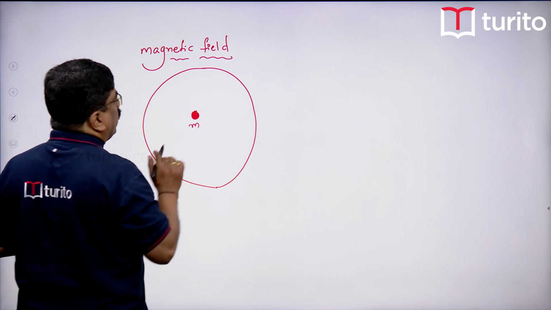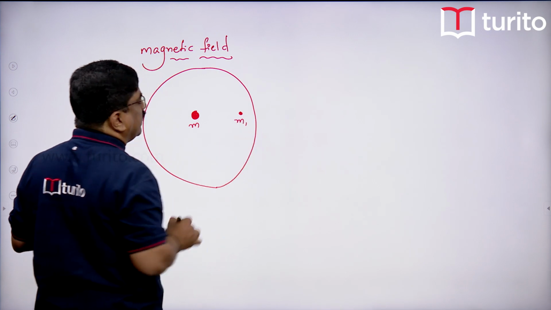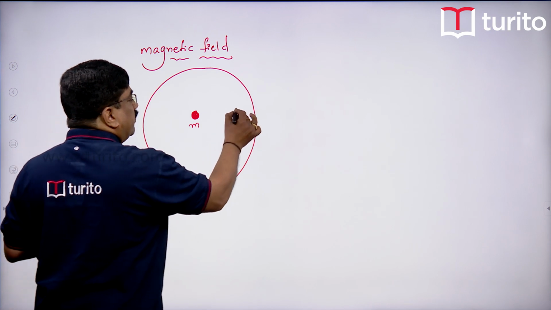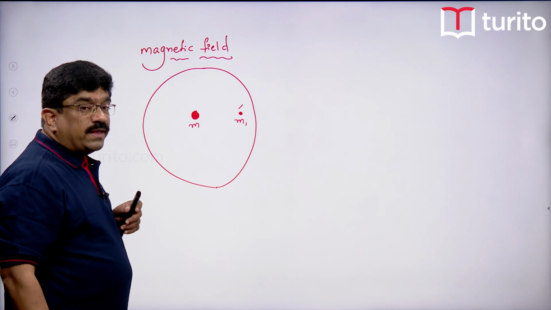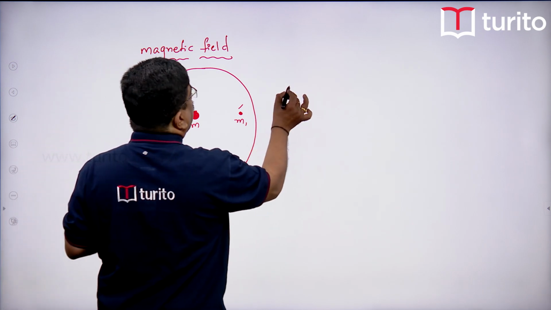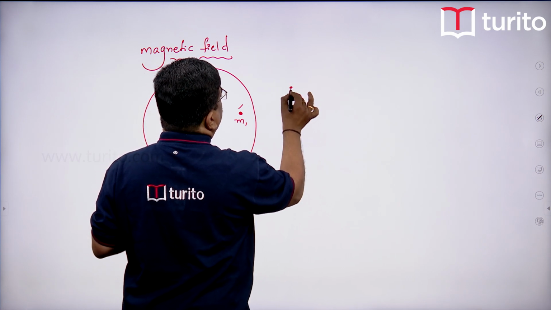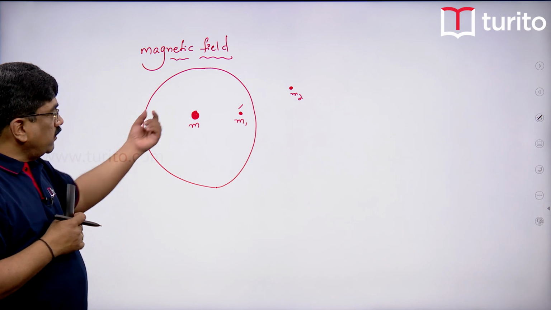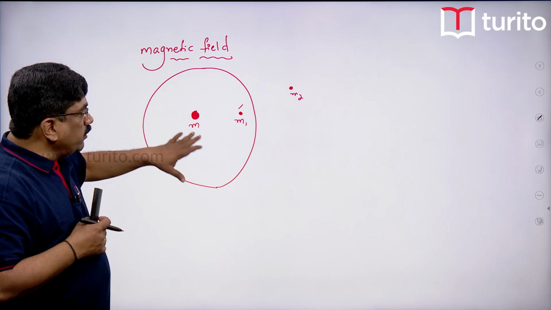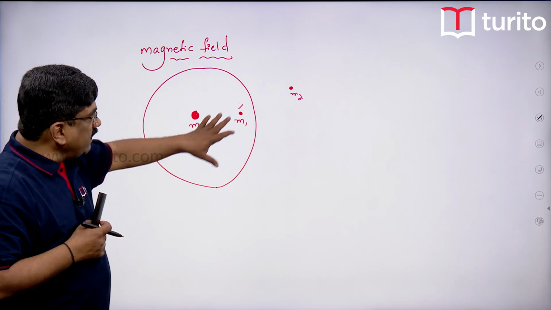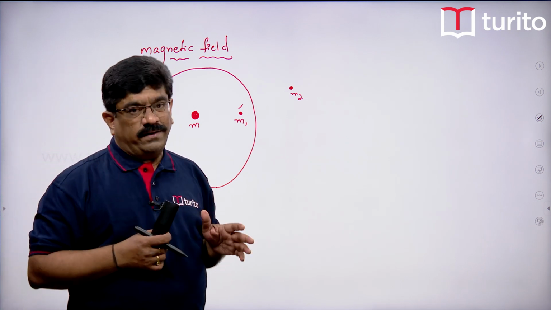If you keep one more magnetic pole somewhere here, let us suppose its pole strength is m1, then this pole will be influenced by the pole of pole strength m. Whereas, if you keep another magnetic pole somewhere far away, let it be m2, then this pole cannot influence that one. It can influence only the poles which are present within this region. This region where the influence of this magnetic pole is felt is called a magnetic field.